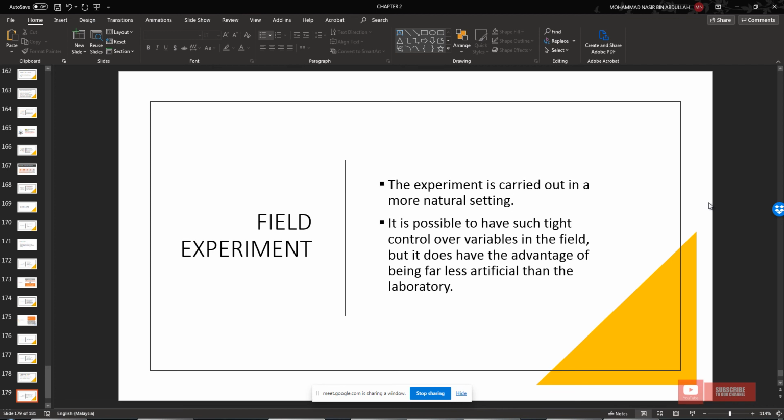Next, we have the field experiment, right? A field experiment is an experiment carried out in a more natural setting. It is not possible to have such tight control over variables in the field, but it does have the advantage of being far less artificial than the laboratory, right?